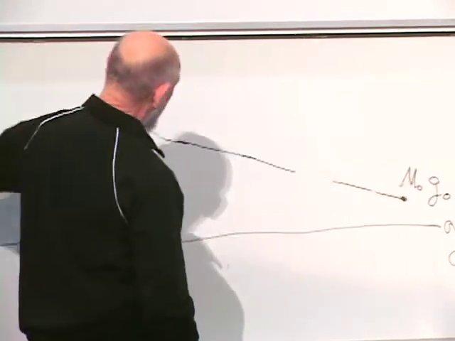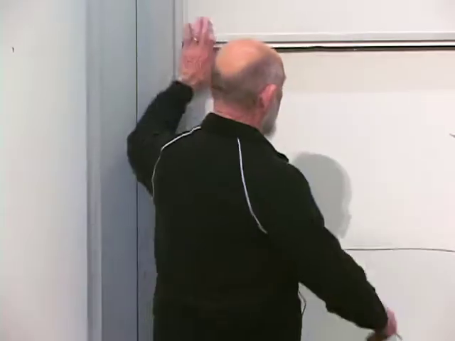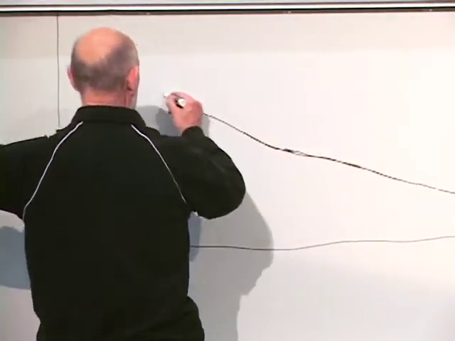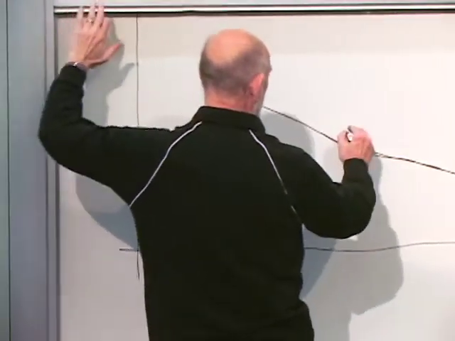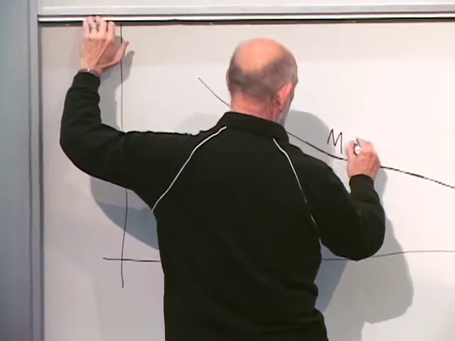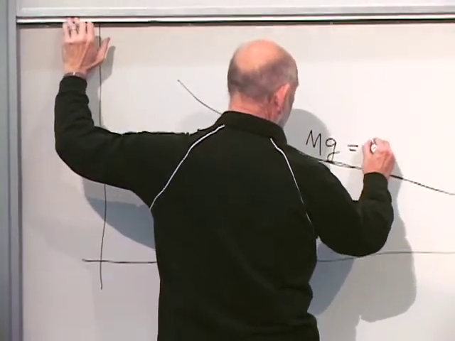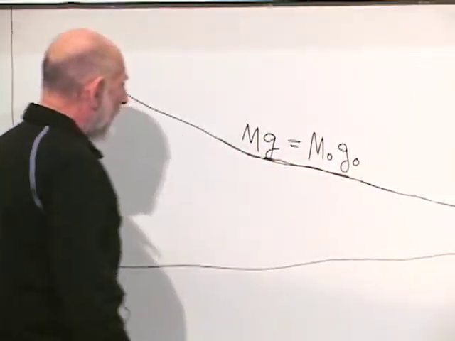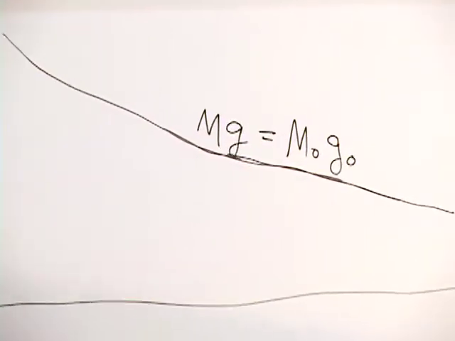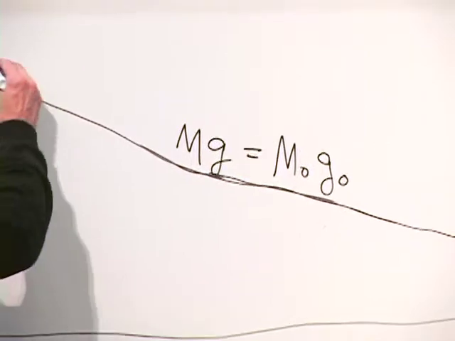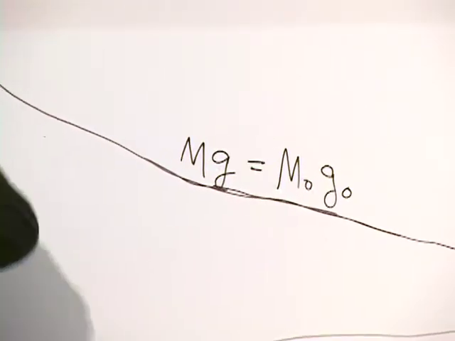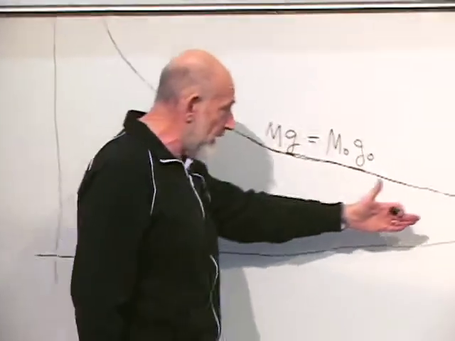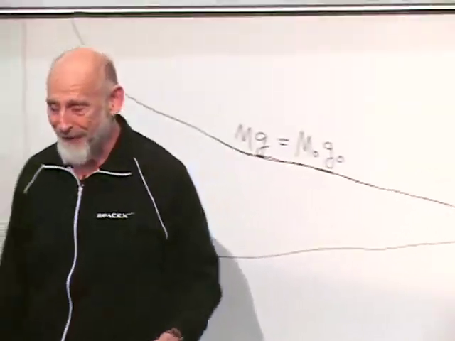And so I can tell you immediately what this curve is. Can anybody tell me? Hyperbola. It's a hyperbola. And it's the hyperbola MG equals M naught G naught. The product of M and G is fixed. And it's fixed so that at this point over here, it has to equal M naught G naught.